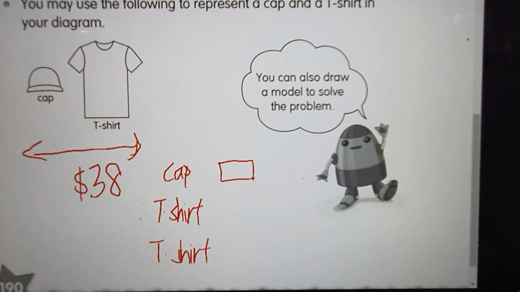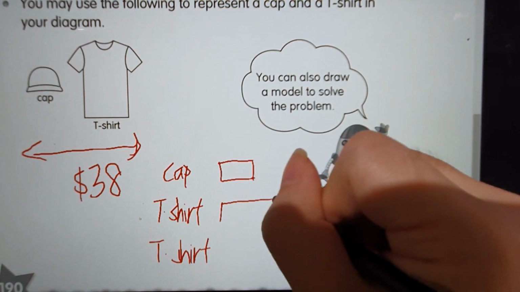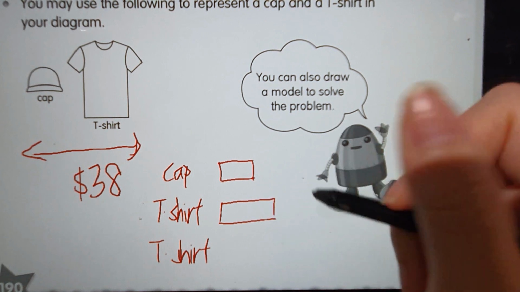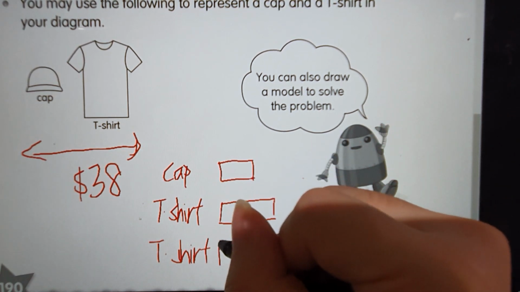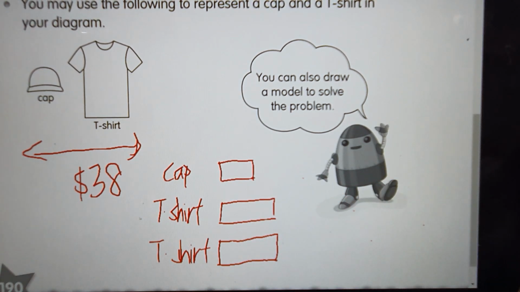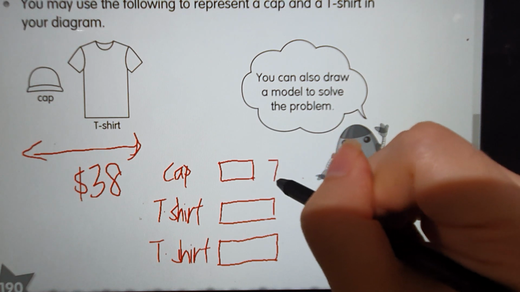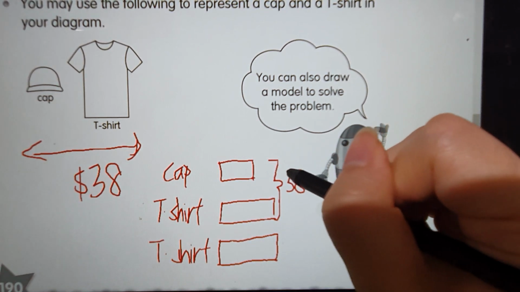Can you assume that they cost the same thing? You should never assume that they cost the same, so you can never draw them to be equal. You cannot tell me that the shirt and the cap are the same price. But both shirts will cost the same price. And then I know that a shirt and a cap is $38.